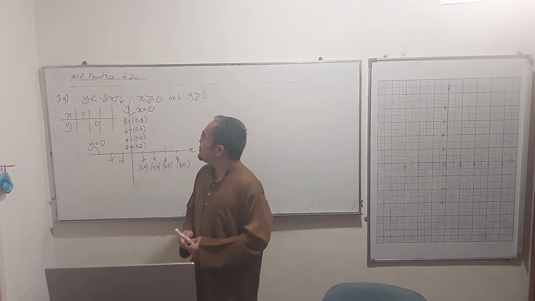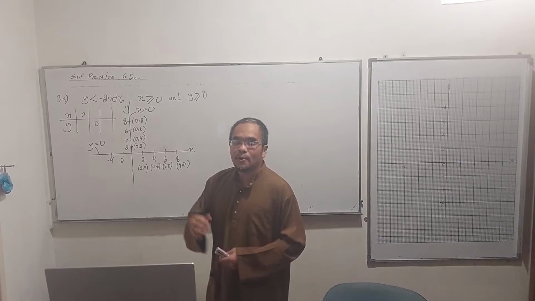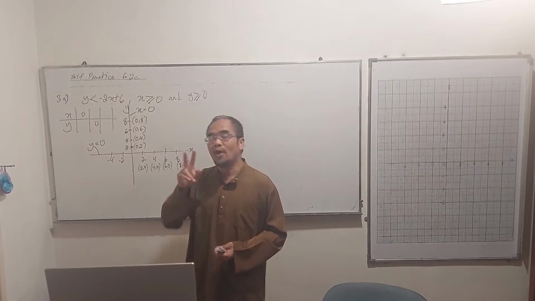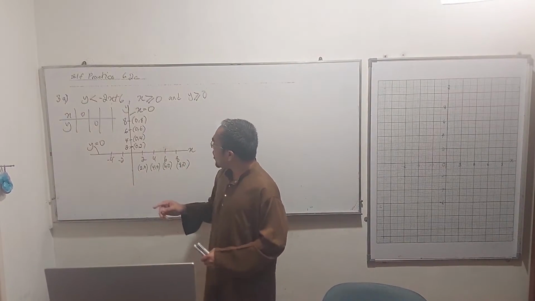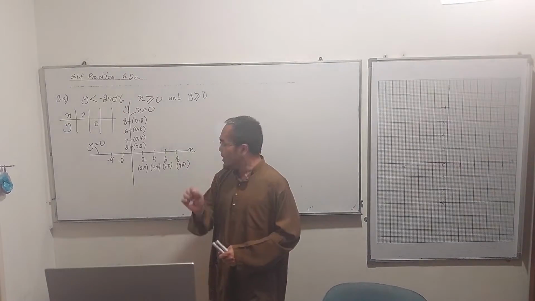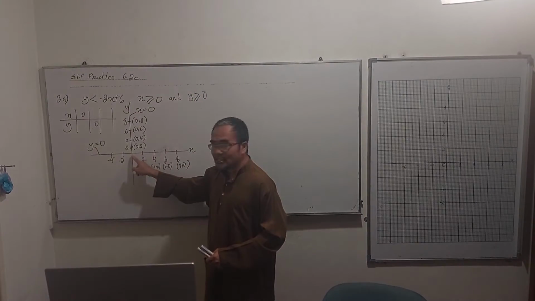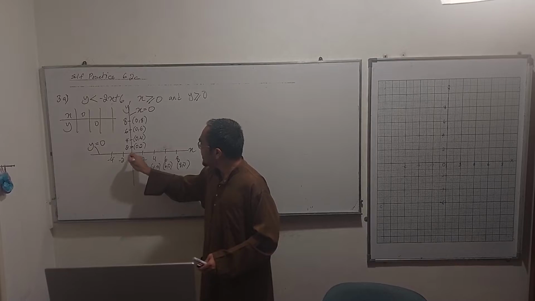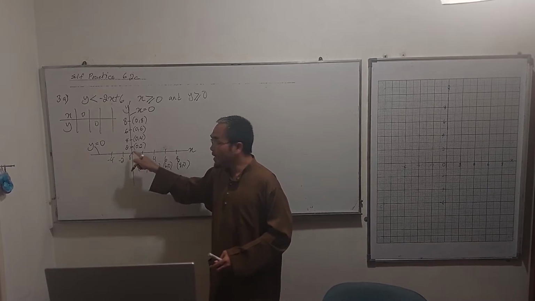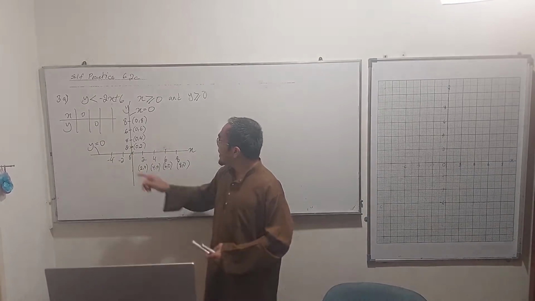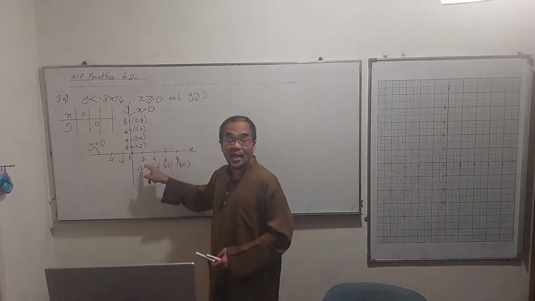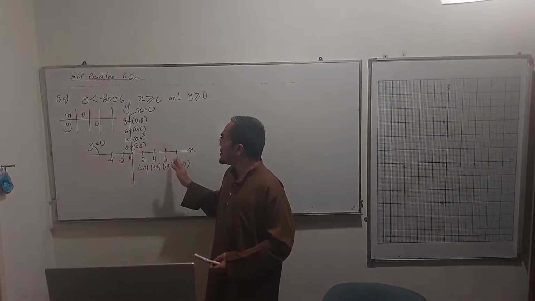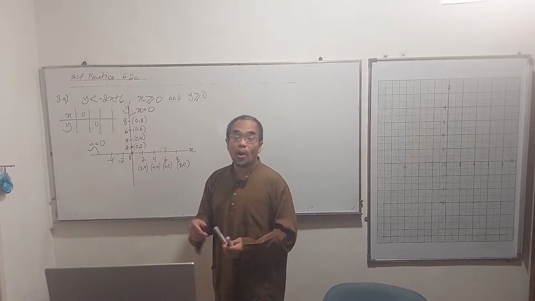But in my case, I prefer that you pick two values for x that are not too near to each other. Let's say if x is 0, the coordinate here will be 0, 0. And then do not pick another x as 2. Pick x, for example 6 or negative 4, which is quite far.